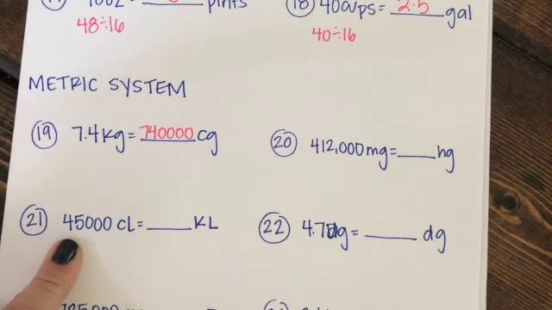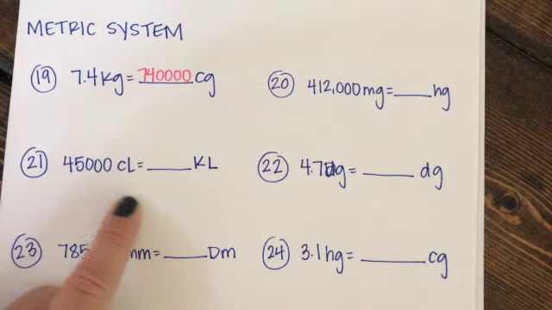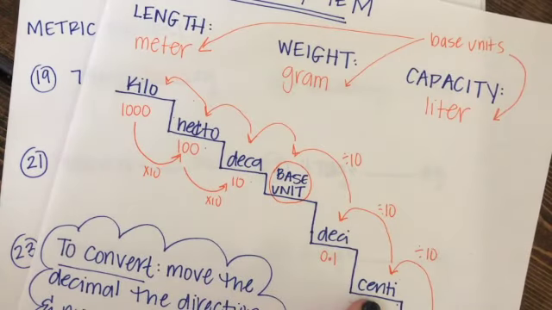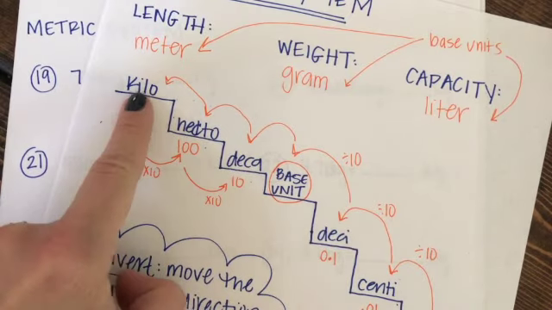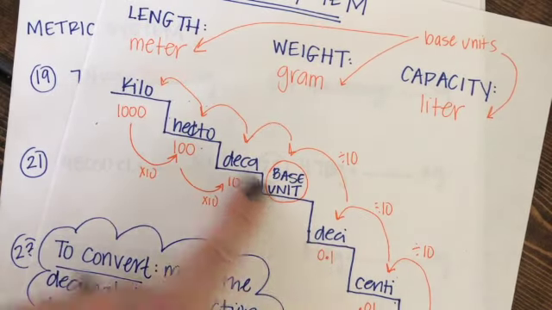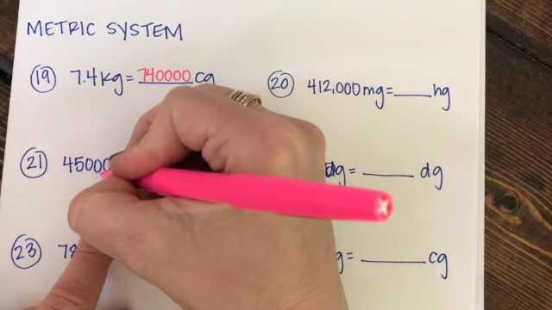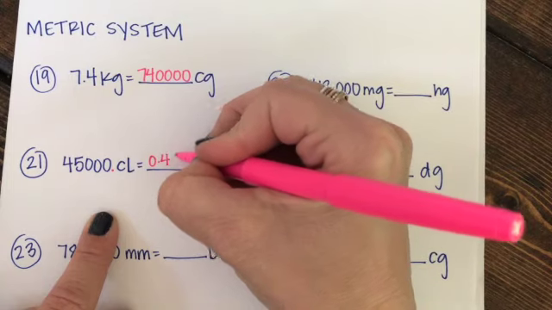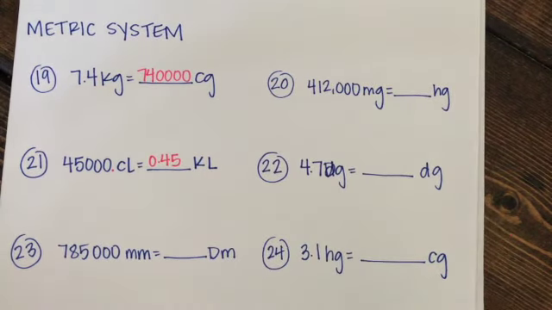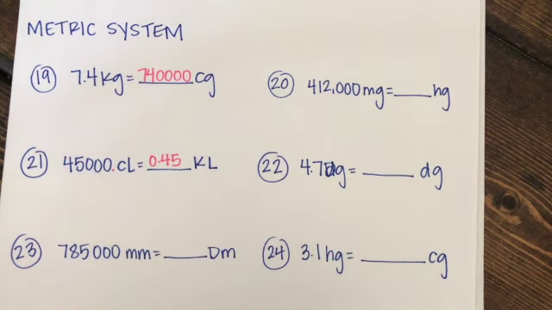Okay, on 21, I have 45,000 centiliters, and I'm going to kiloliters. So centiliters to kiloliters, I'm going up 1, 2, 3, 4, 5, so 5 to the left. So this is where it is now. I'm moving it 1, 2, 3, 4, 5. So 0.45 kiloliters. I don't have to include those zeros.